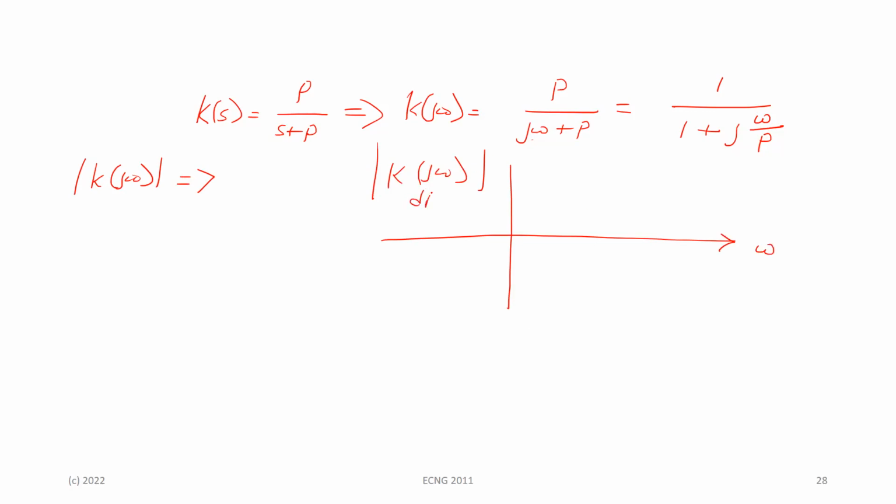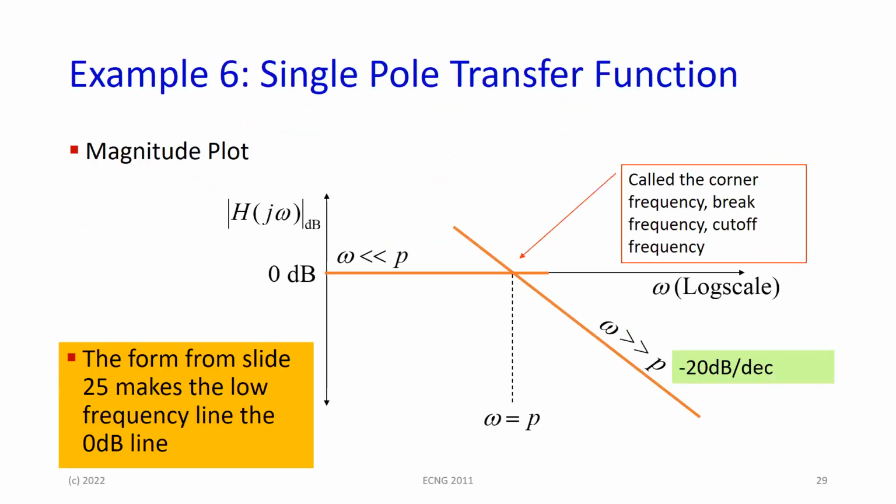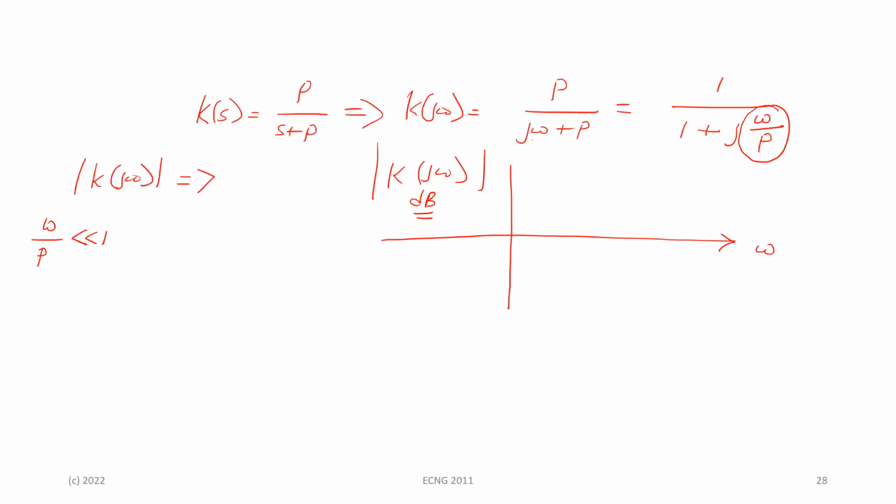This, of course, is in decibels. Look at something. The first step, if omega over P is much less than 1, this entire thing basically becomes 1 over 1. And in decibels, 20 log of 1 is 0. Make sense?